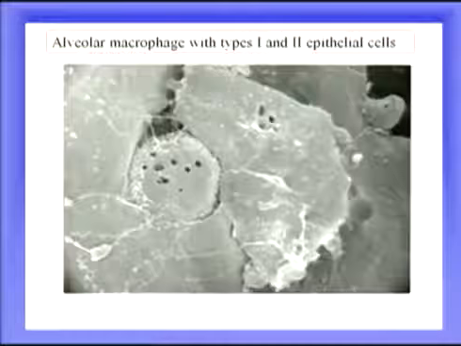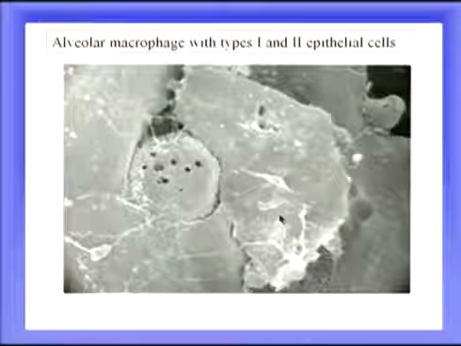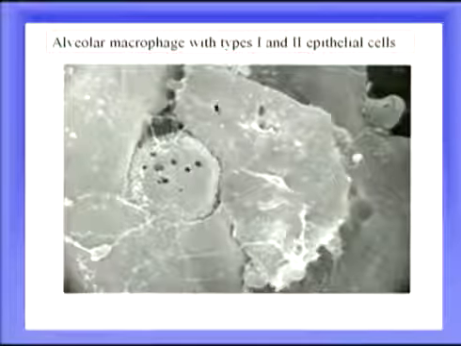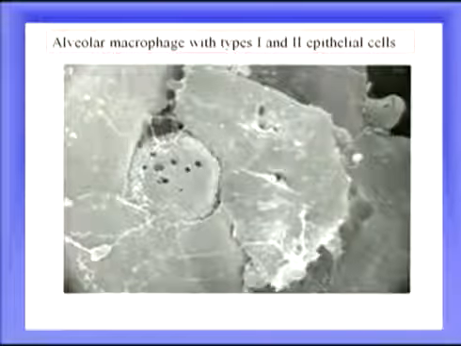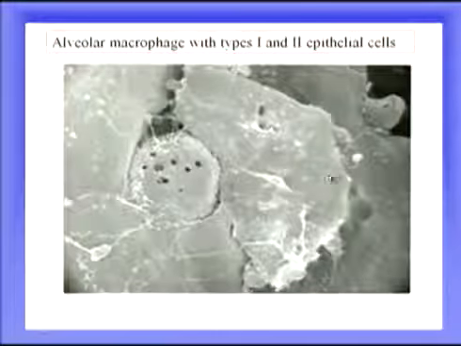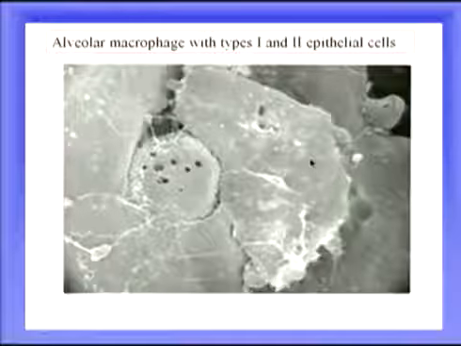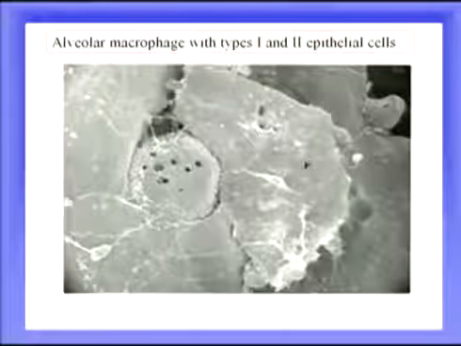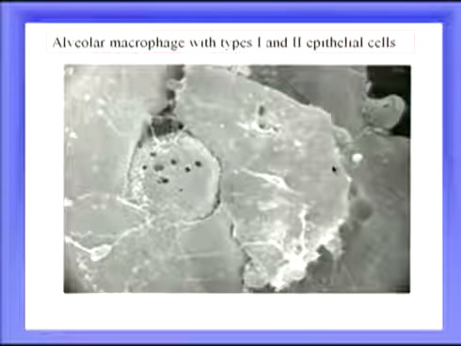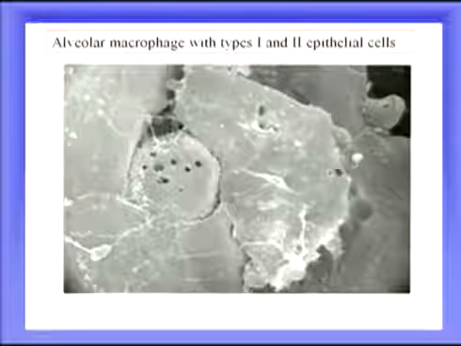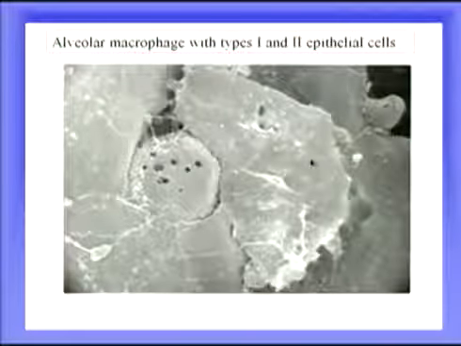Now, another cell that we should look at is the alveolar macrophage. And this is shown here, another beautiful scanning electron micrograph. And the alveolar macrophage roams around the surface of the alveoli by amoeboid activity. It is able to phagocytose foreign material, and its job is to keep the alveoli clean.